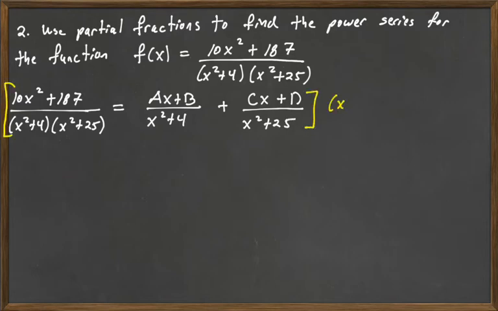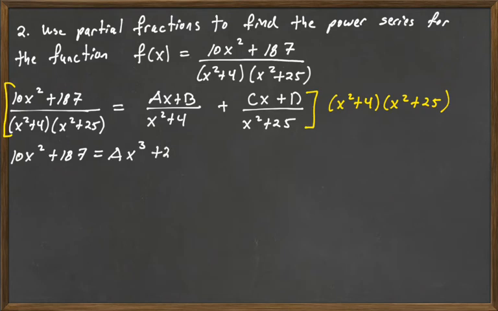We'll go ahead and clear the fractions by multiplying by the common denominator of x squared plus 4 and x squared plus 25. So you have 10x squared plus 187 is equal to ax plus b times x squared plus 25.